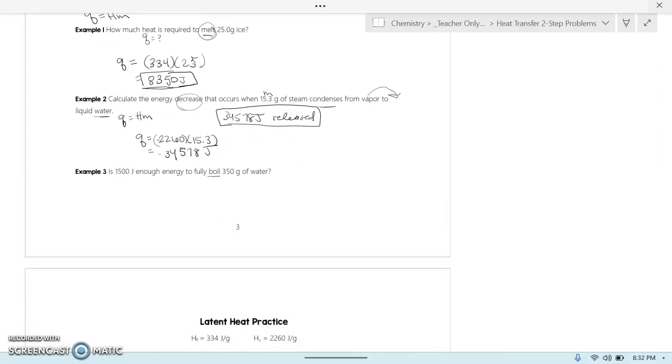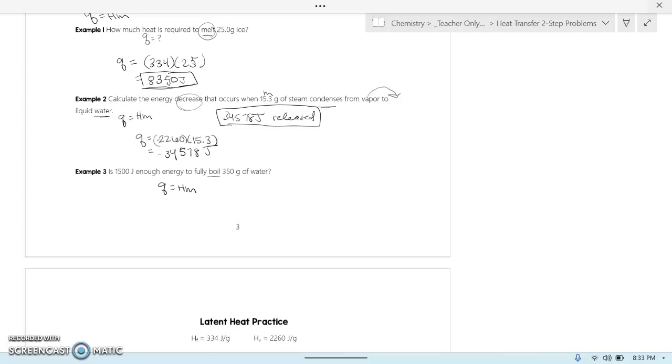And our last example says, is 1500 joules enough to fully boil 350 grams of water? So in this one, we're going to do the same problem, but we want to know if 1,500 joules is sufficient.